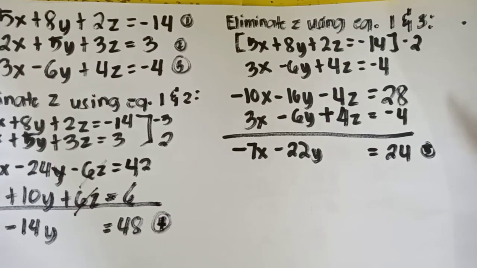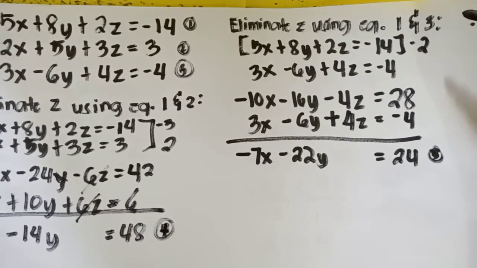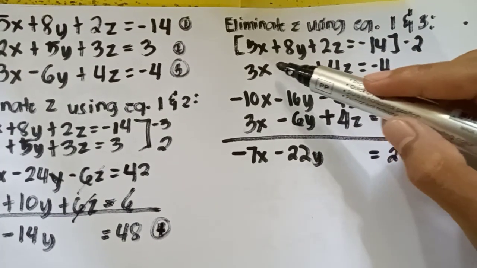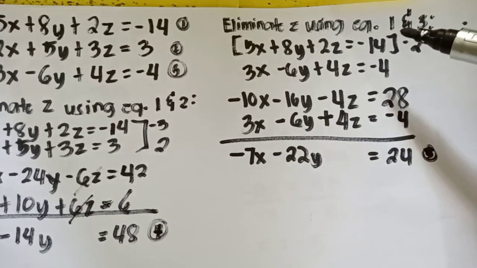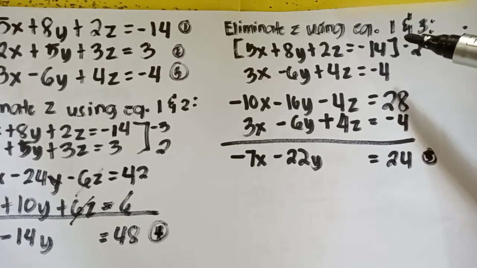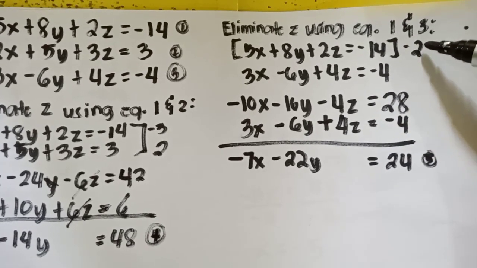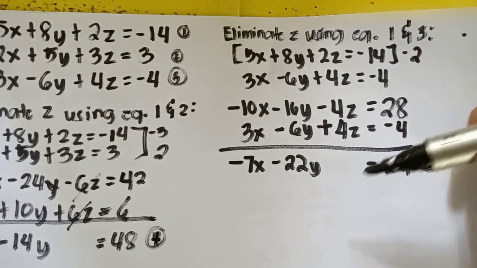And then the next step is to eliminate z using equation 1 and 3. So we'll use 5x plus 8y plus 2z equals negative 14. Then we will multiply this with negative 2.